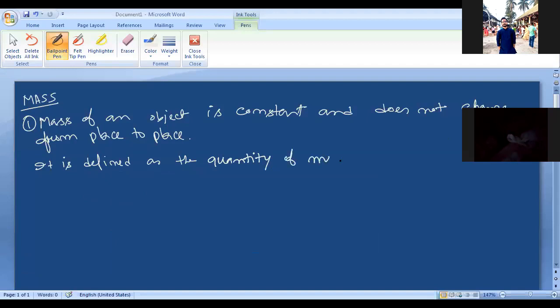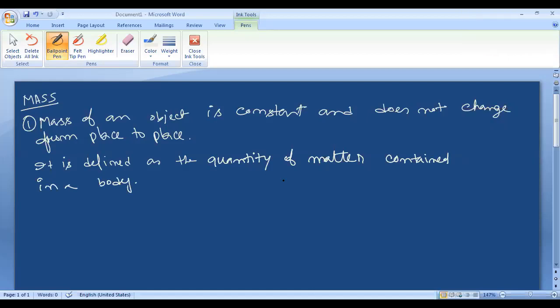It is defined as the quantity of matter contained in a body. It is defined as the quantity of matter contained in a body.